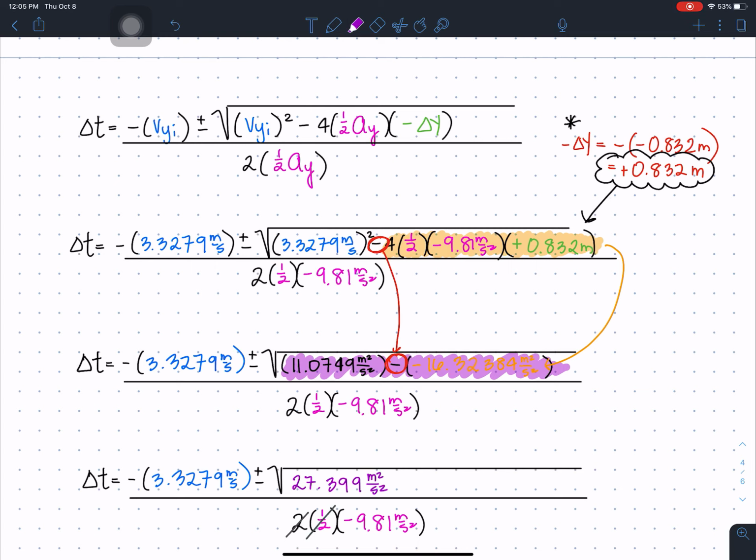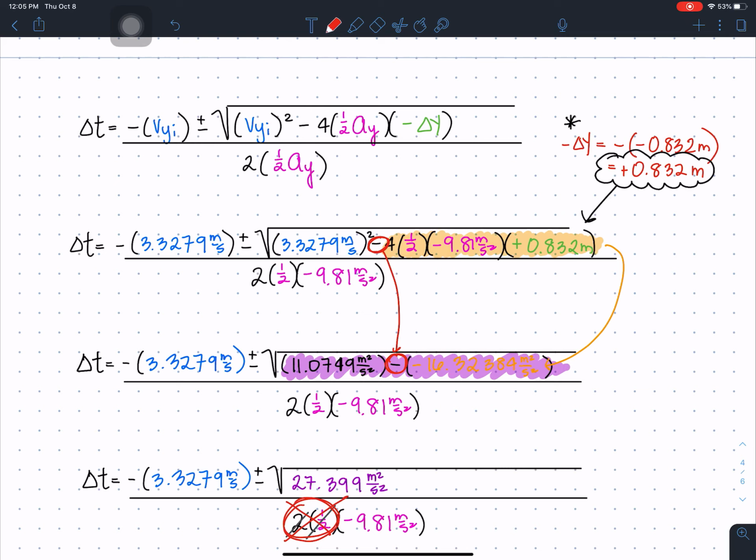Now in the denominator, we see 2 times 1/2 times negative 9.81, and the 2 times 1/2 becomes 1. So 2 times 1/2 is equal to 1, and so right here I've just crossed them out. So really my denominator is just negative 9.81 meters per second squared.